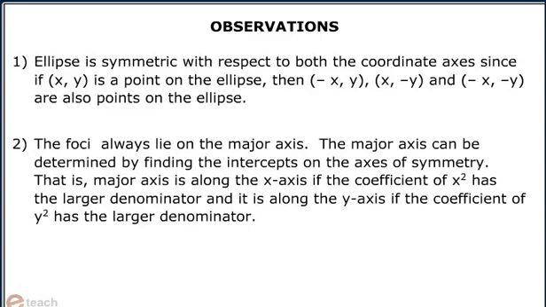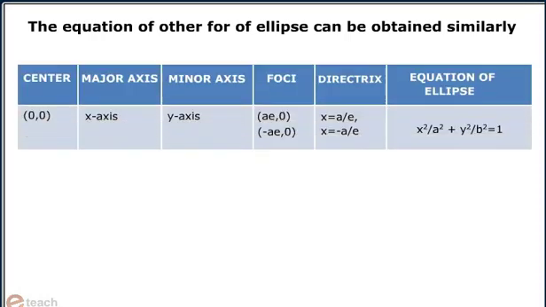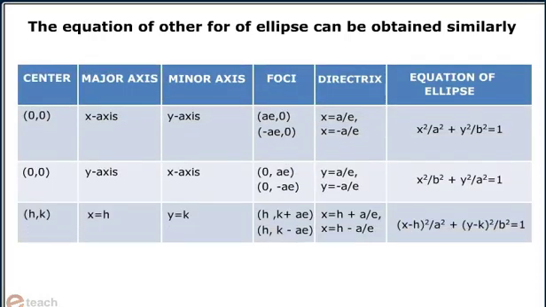The major axis can be determined by finding the intercepts on the axis of symmetry. That is, the major axis is along the x-axis if the coefficient of x² has the larger denominator, and it is along the y-axis if the coefficient of y² has the larger denominator. The equation of the other form of ellipse can be obtained similarly, as shown in the table.